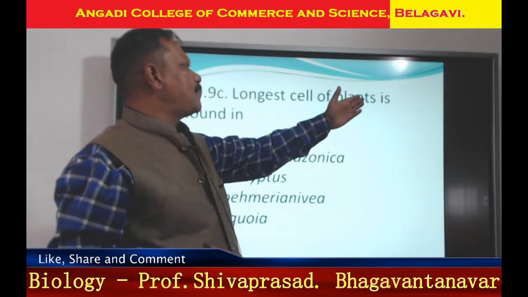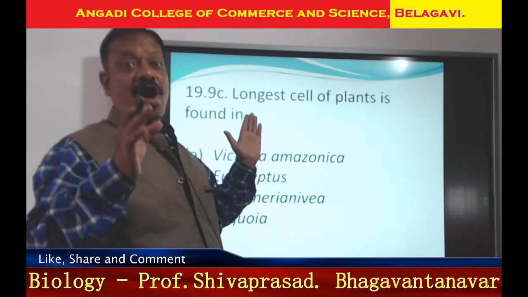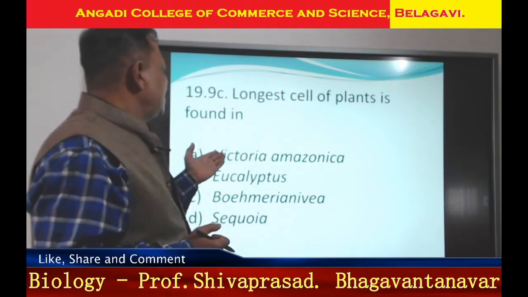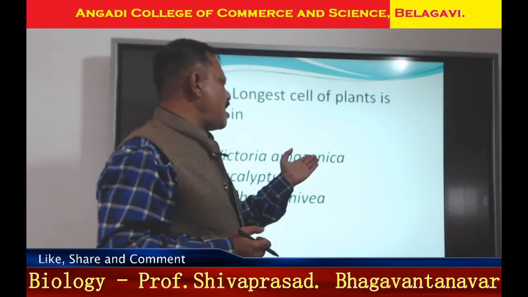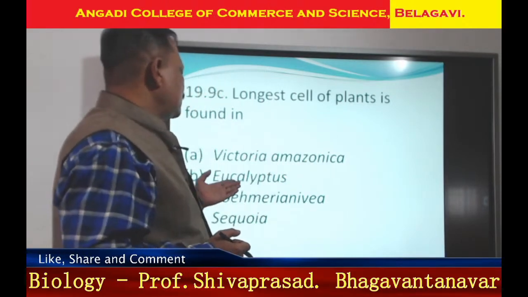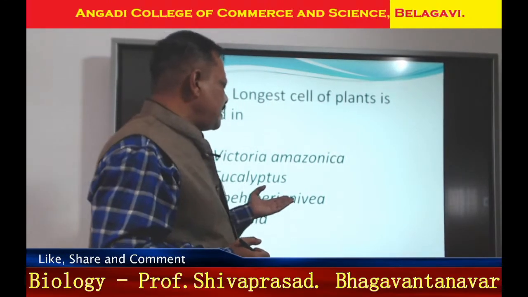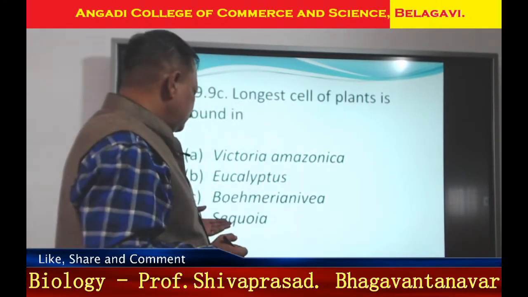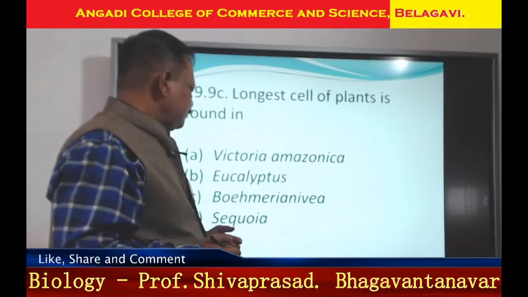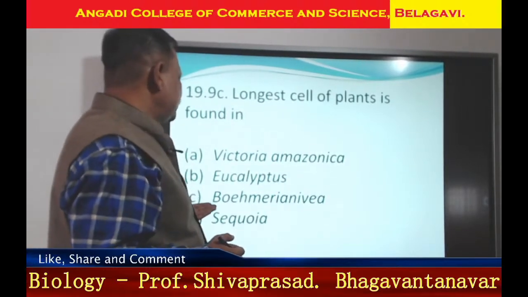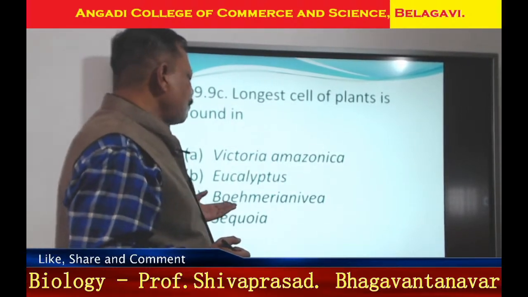The longest cell of plants is found in which? The options: Victoria amazonica, Eucalyptus, Boehmeria nivea, then Sitcoid. So option C is the correct answer.